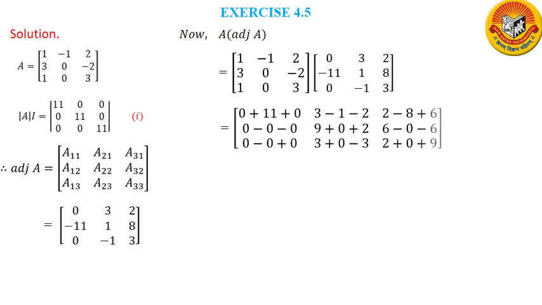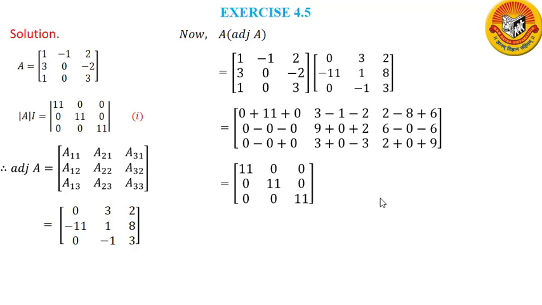So 3 by 3, no worry, as we have done for 2 by 2, this first row is multiplied by the first column, I will get the first element. First row multiplied by the second column, I will get the second element of the first row, and first row third column will give me the third element of the first row. In a similar way, I will find second row elements and third row elements.